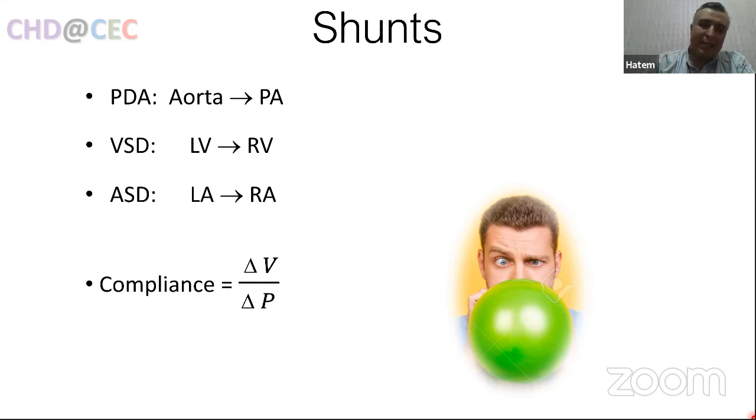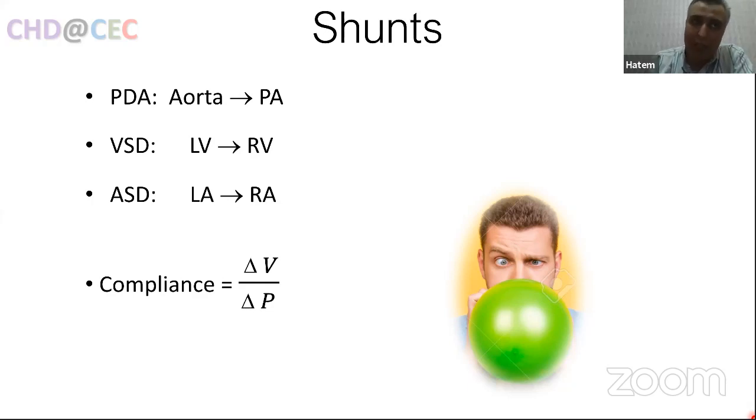In the ASD, things are indirect. Because the LV pressure is higher than RV pressure, the LV wall thickness, with time, gets thicker than RV wall thickness. And so the left ventricle will have more difficulty adapting more volume. So to adapt more volume into the left ventricle, pressure will go higher.